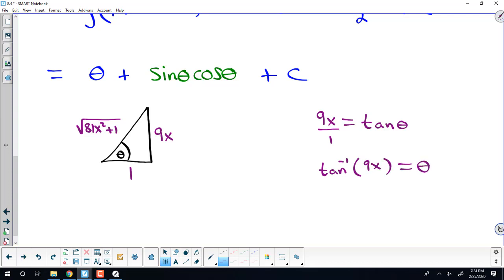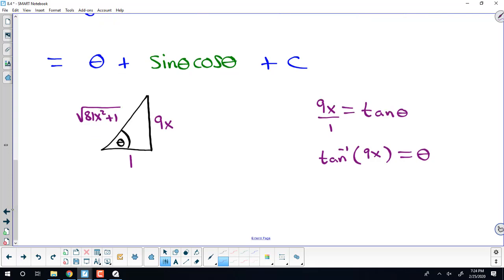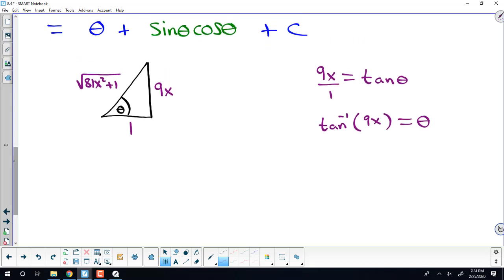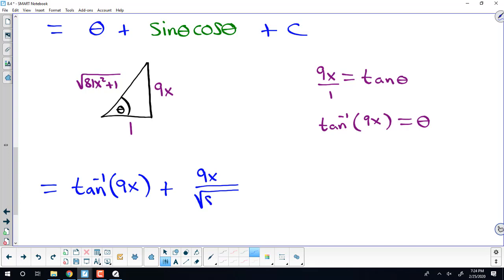So we have tangent inverse 9x plus sine of theta, 9x over the square root of 81x squared plus 1, times cosine theta, 1 over the square root of 81x squared plus 1.